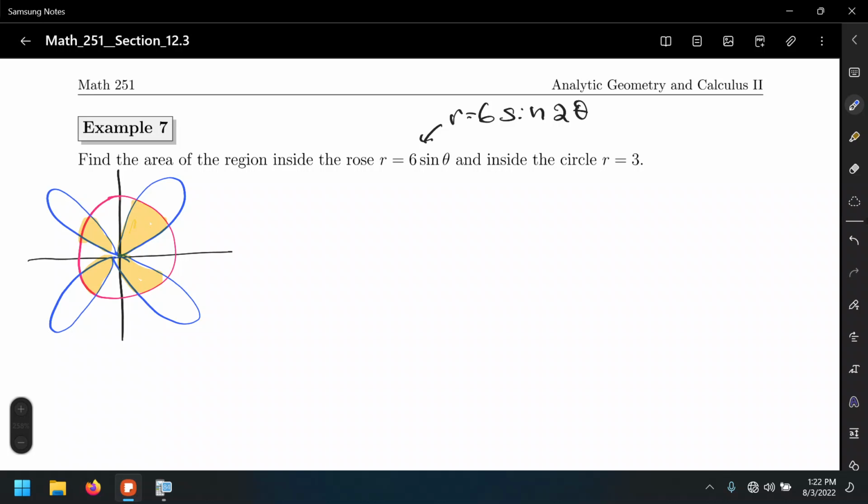Instead, we're going to do a similar process to what we did last time. We are going to find only one of the areas and then multiply by 4. Let me zoom in as an illustration here.